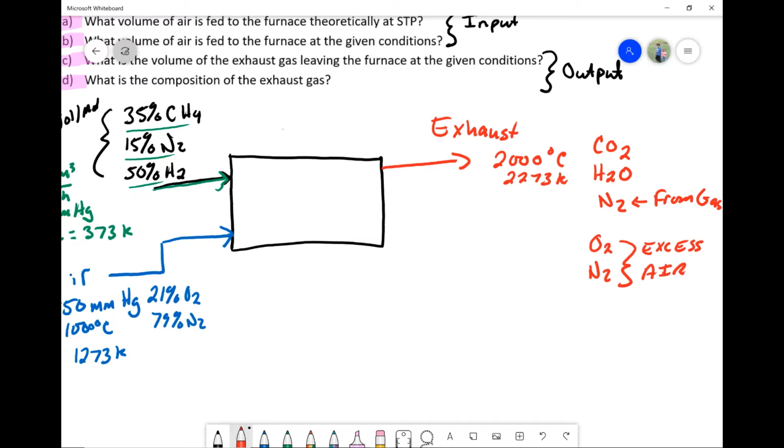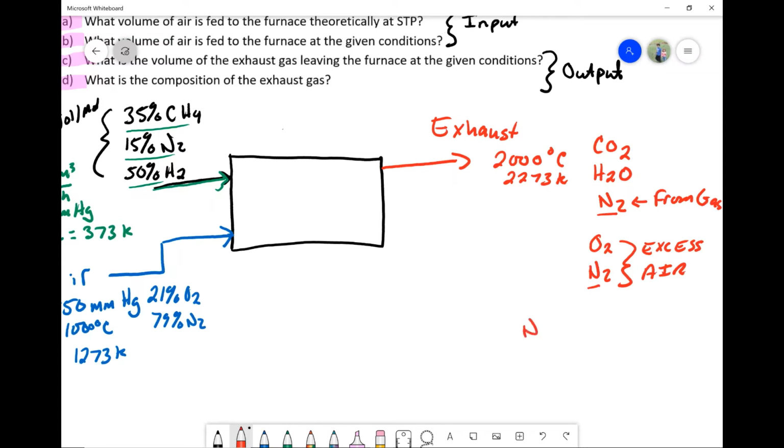Before I said nitrogen doesn't matter, and it sort of matters because if we're being asked for air, we take into account the composition of oxygen and nitrogen. So really we were just dividing by 0.21 when we would get our O2 value. And here nitrogen matters more because we have to keep track of it. Okay, so it's not in the reaction, but we have to keep track of it.